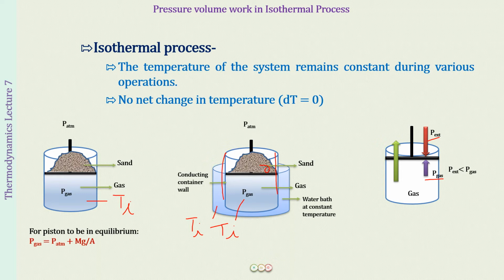Whether we have decreased it by a small amount or a large amount, that is what we will classify when we talk about reversible and irreversible. I am talking in general: we have removed some sand, and when we remove that, the pressure of the gas exceeds the external pressure. Okay, I hope this is clear.